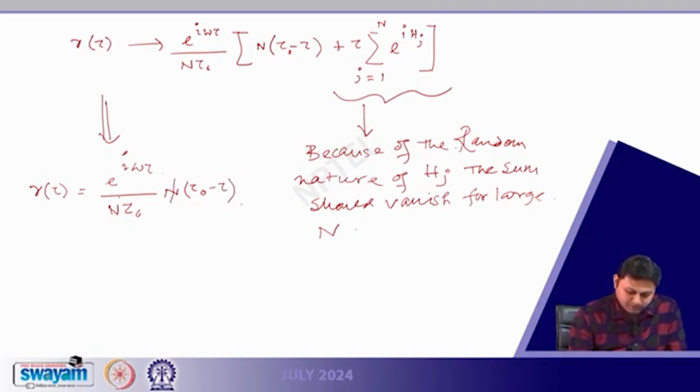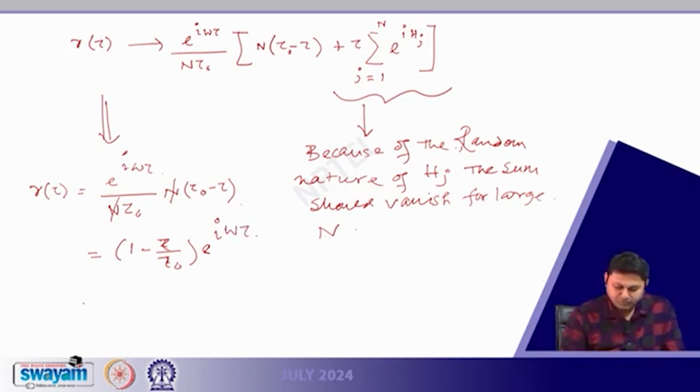So n is going to cancel out, and essentially we have something like 1 minus tau divided by tau naught into e to the power of i omega tau.